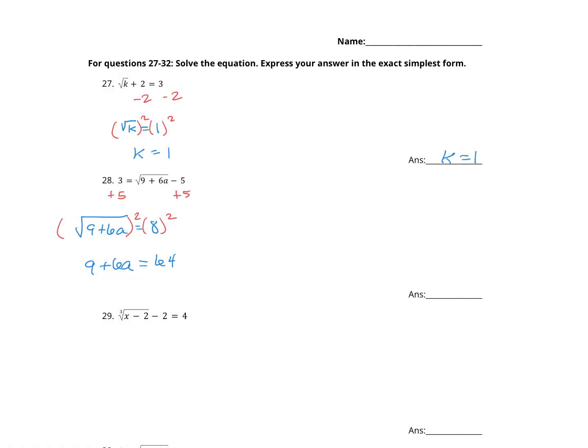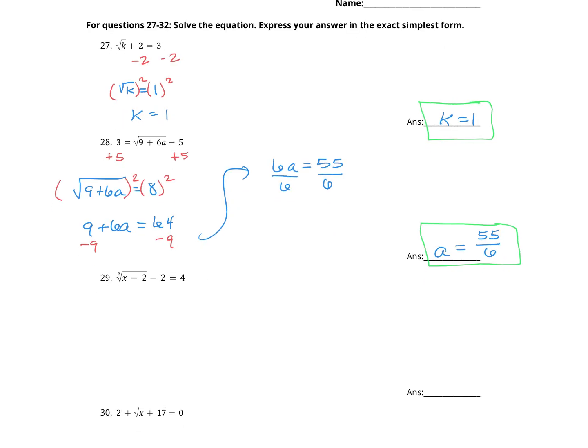We now subtract 9 from both sides. That gives us 6 times a is equal to, let's say, 55? Sure is 55. Divide both sides by 6. And a is equal to 55 over 6, which is a non-reducible fraction.